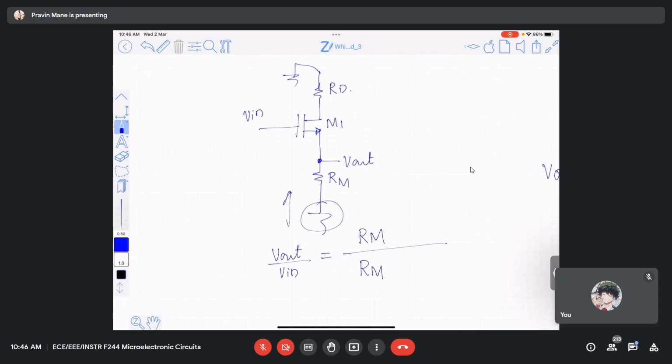I should open it here and look from this terminal. RM plus 1 by GM1. So the gain is the external resistance connected at the output divided by the resistance seen through the source terminal. That is the formula for all amplifiers.